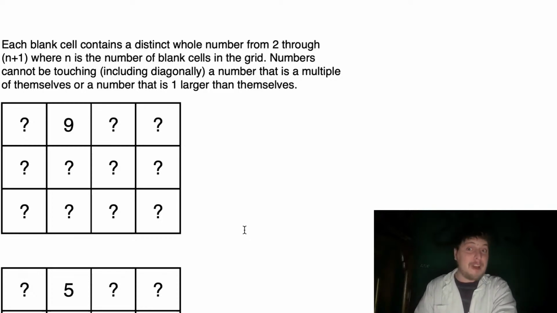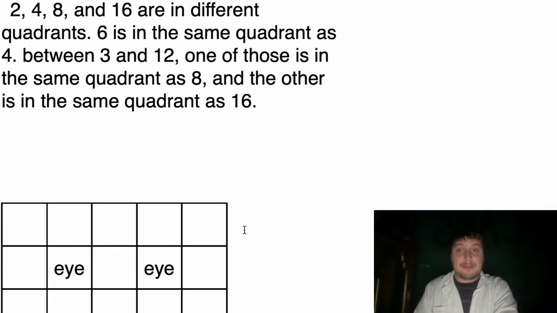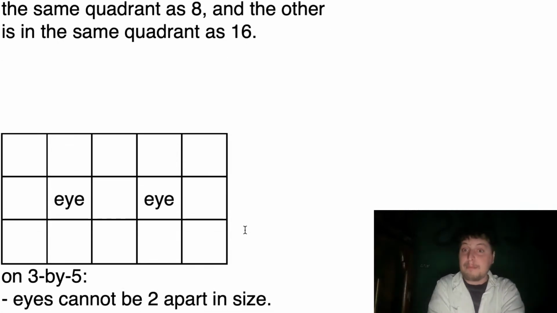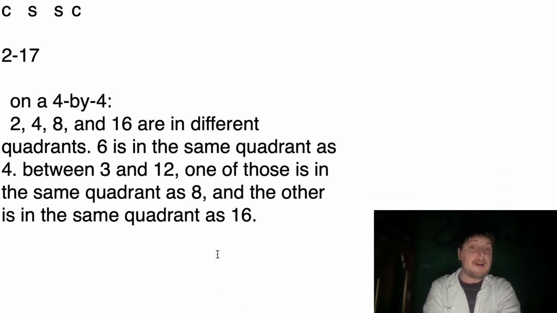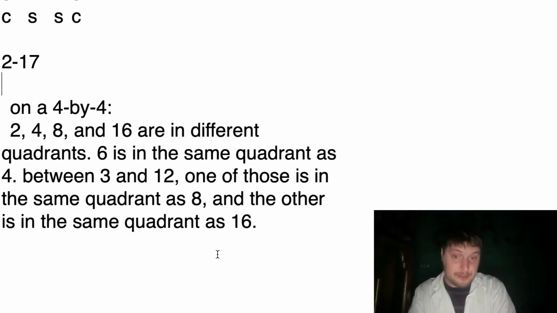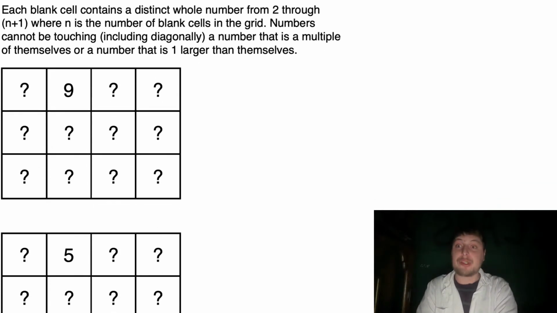Now, I was already finding on some of my experiments that you need to give a lot of numbers for it to line up with a single solution. Like we're going to probably need far more than 1 number as our given in a 3x5 or 4x4. But I don't know that answer of what is the minimum amount of givens for a particular size, or if there's a pattern to that. I don't even know the answer for a 3x5. I do know for a 3x4, the minimum amount of givens is 1.